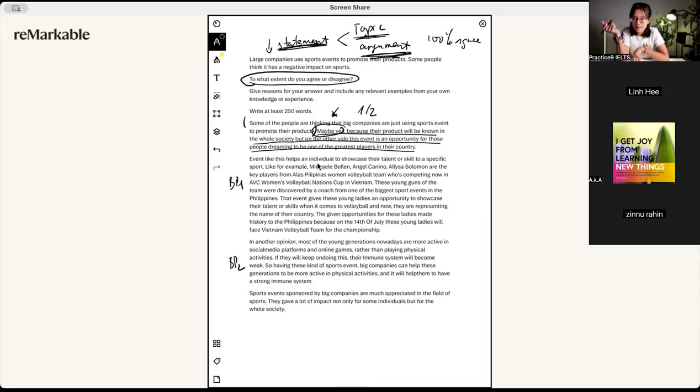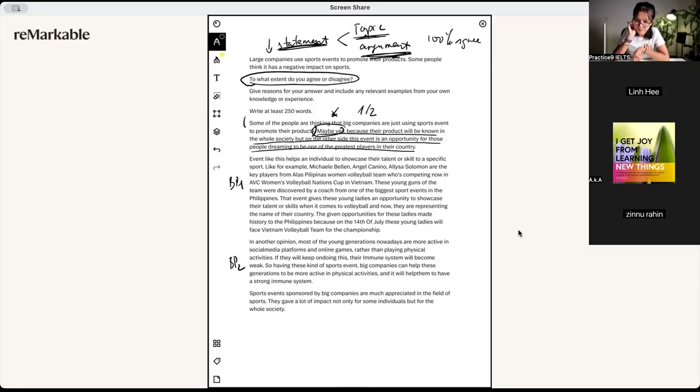Do you know how to write a body paragraph? What is the structure?